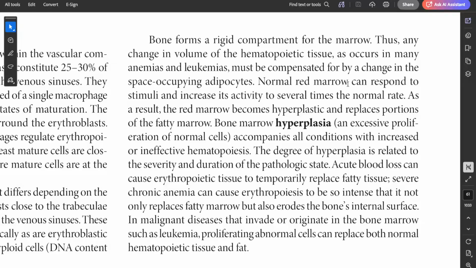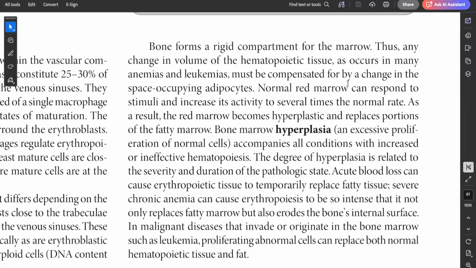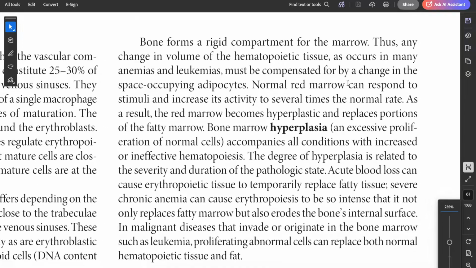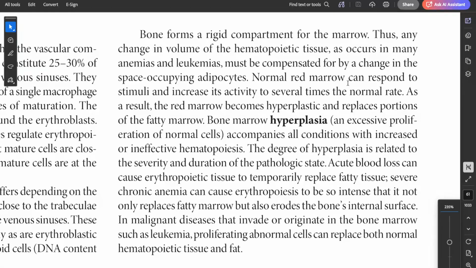Normal red marrow can respond to stimuli and increase its activity to several times the normal rate. As a result, the red marrow becomes hyperplastic.